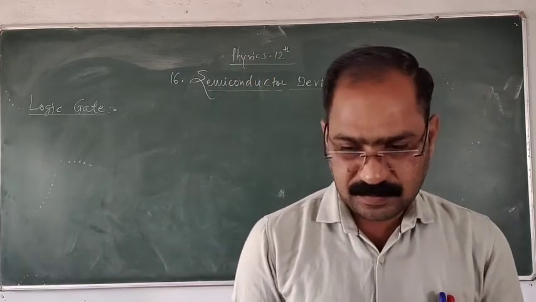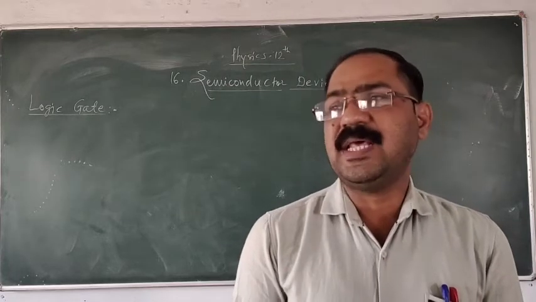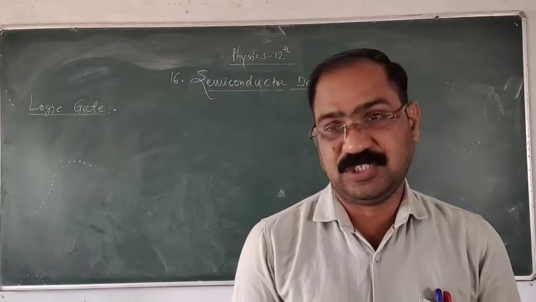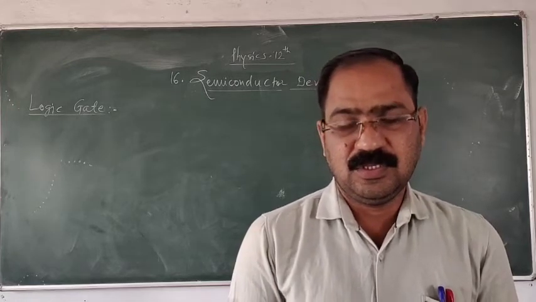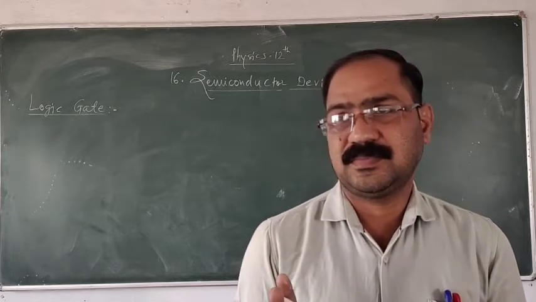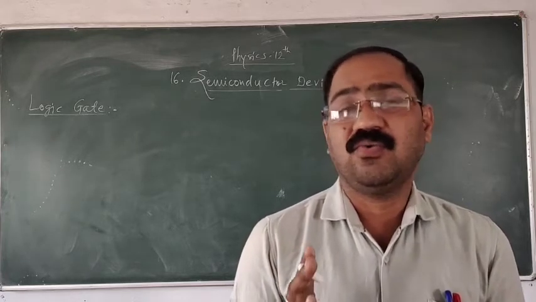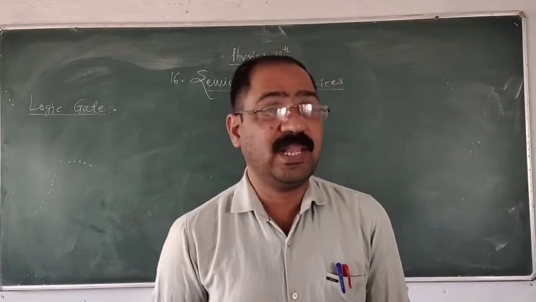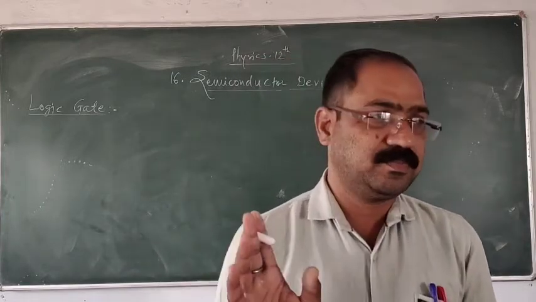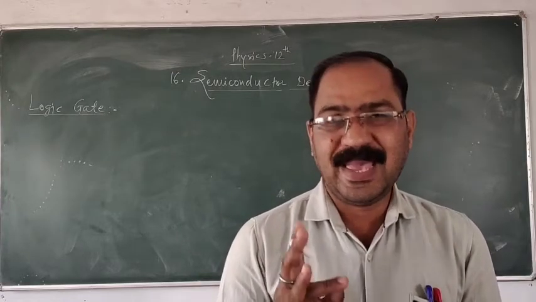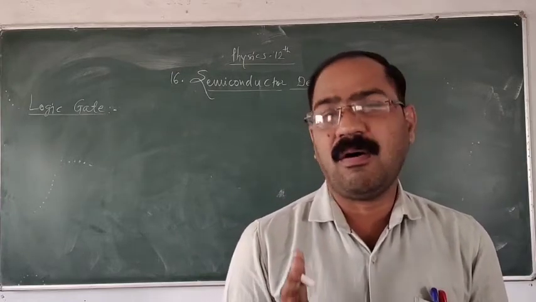So with the combination of a number of diodes we get the logic gates. A logic gate is an electronic circuit which has one or more input signals and only one output signal, and logic gates are the basic building blocks of all electronic circuits.